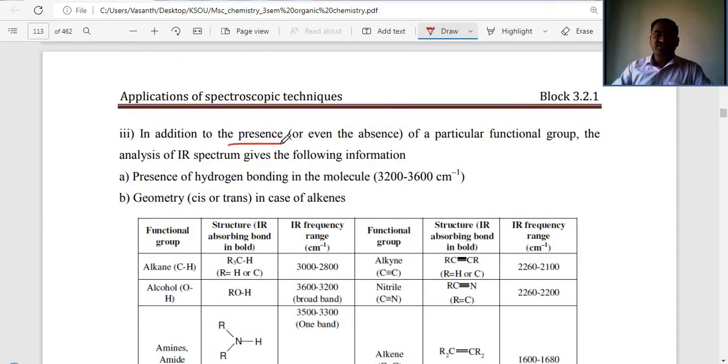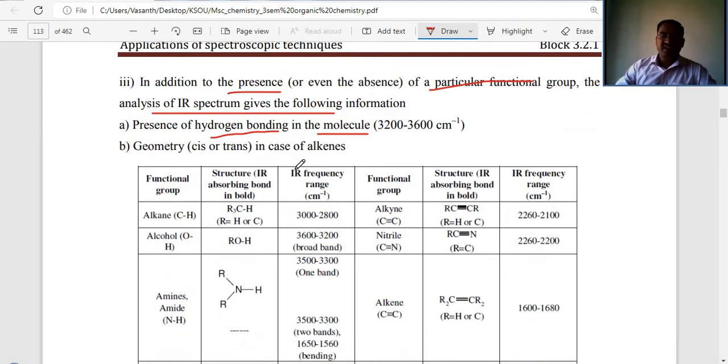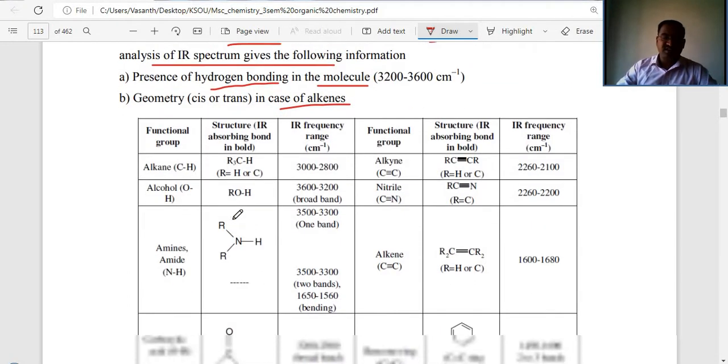In addition to the presence of a particular functional group, analysis of the IR spectrum gives the following information: the presence of hydrogen bonding in the molecule, 3200 to 3600, and symmetry in the case of alkanes, cis and trans alkenes.